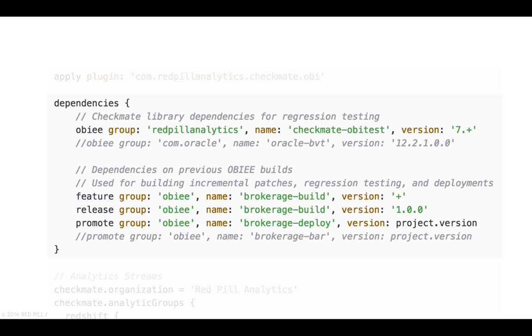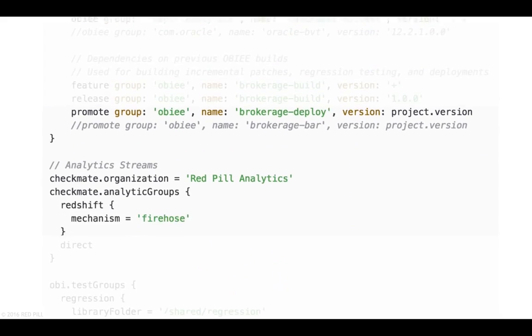And then we also have the promote build group, which is a build group we use for deploying to downstream environments or promoting. And in this case, whatever version we're building is the version that will be promoted downstream, thus the project.version declaration. Hopefully that's clear.